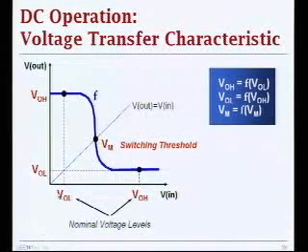In addition to these nominal voltage levels, it's also important to define the switching threshold, which can be simply found by drawing a 45-degree line on this voltage transfer characteristic where output voltage is equal to the input voltage.